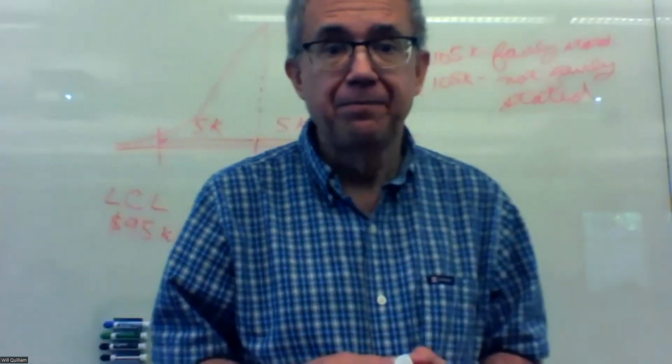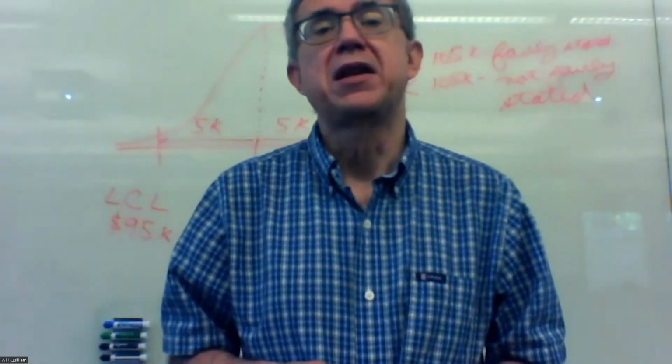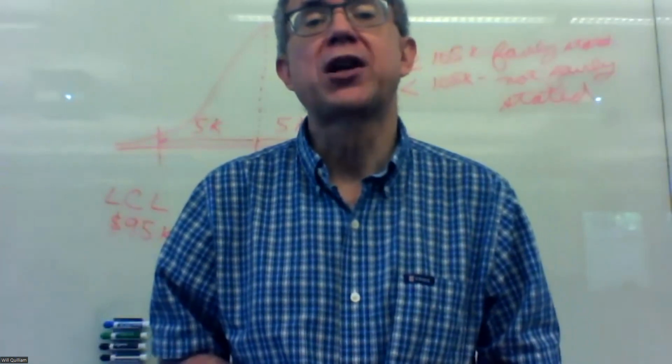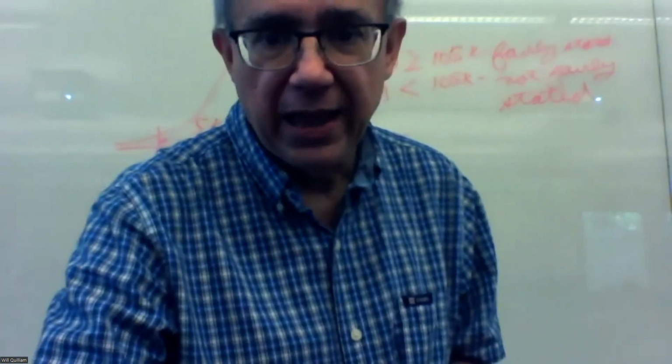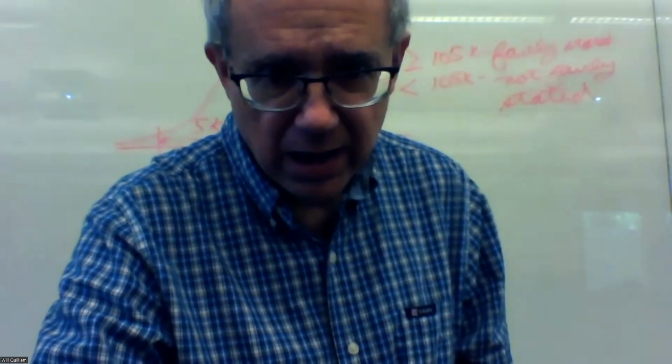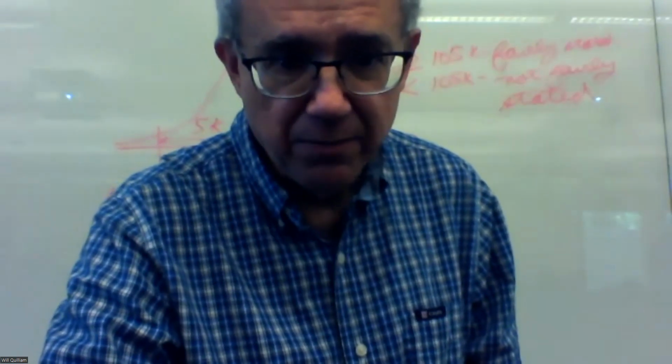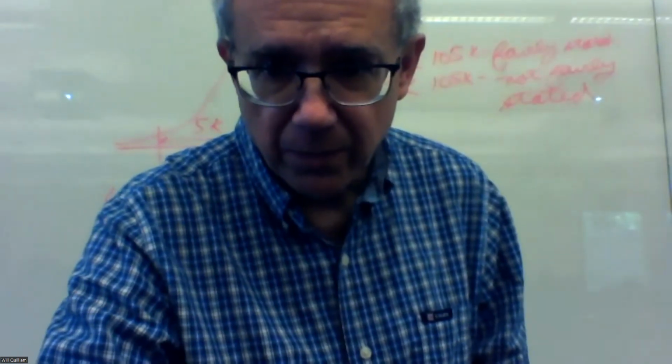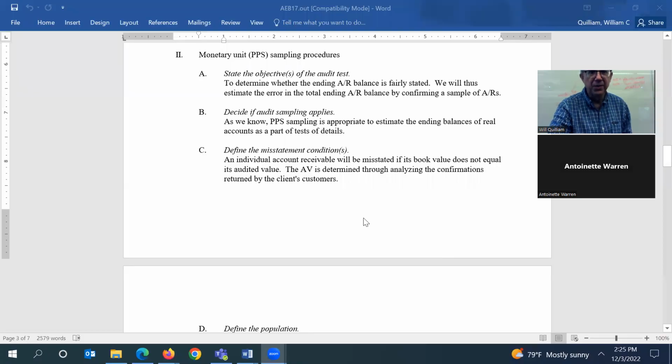So here in A, first thing we've got to do in sampling is state the objectives of the audit test. I'm sorry if you're online here, let me come back and share my screen. See where I am in the handout. There we go.